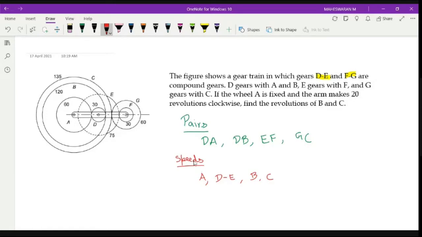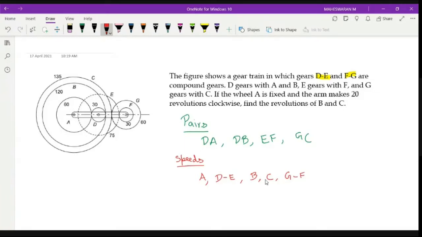C is connected to G, so G is also a separate gear. But G and F are compound gears. So this is another compound, another speed, the same speed. And of course, this F is connected to E, which is also available. So these are the number of speeds which are produced.